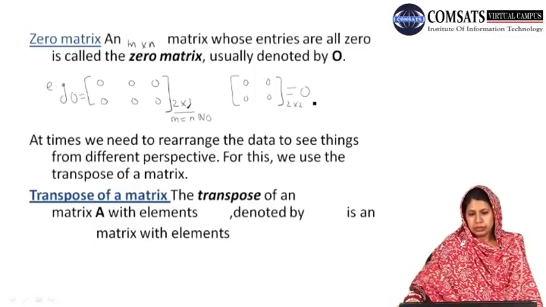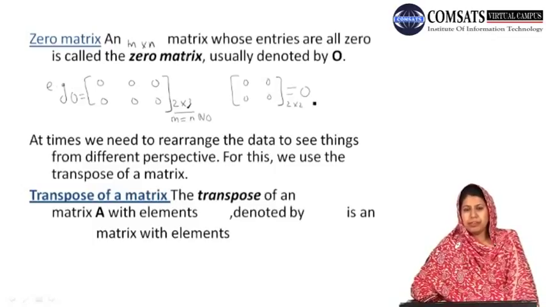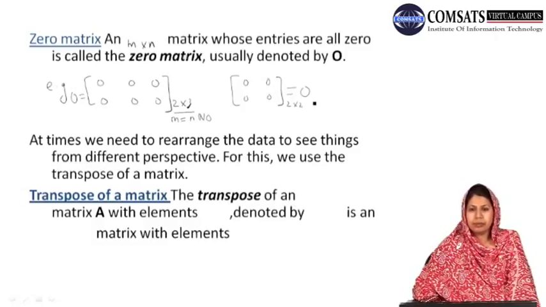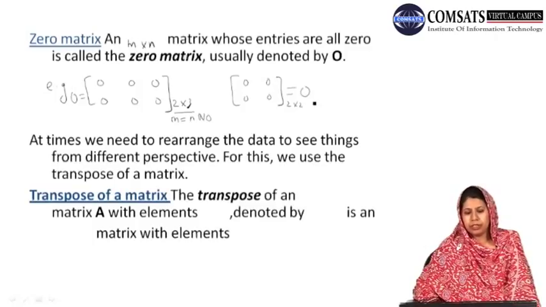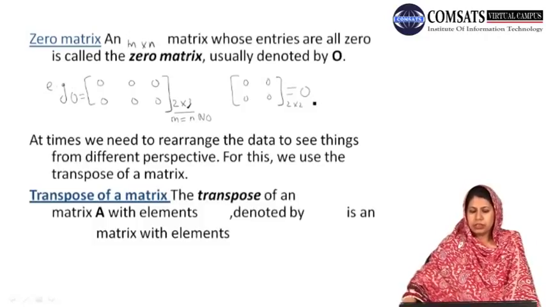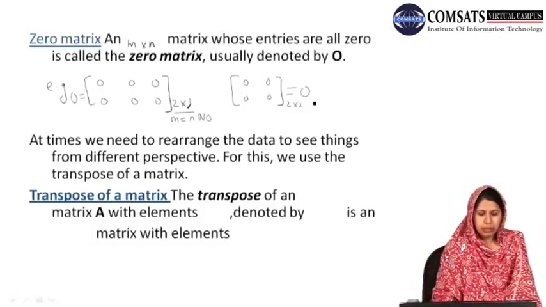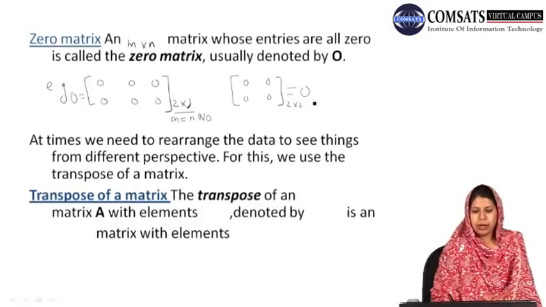Now, up to now we have seen different types of matrices, their names, and the order of a matrix. At times when we have data, we want to rearrange it to see things from a different perspective. For this, we use the transpose of a matrix. And what do we mean by the transpose of a matrix?